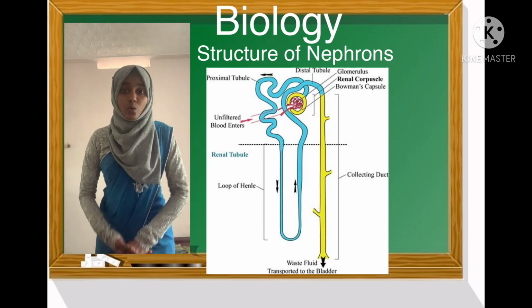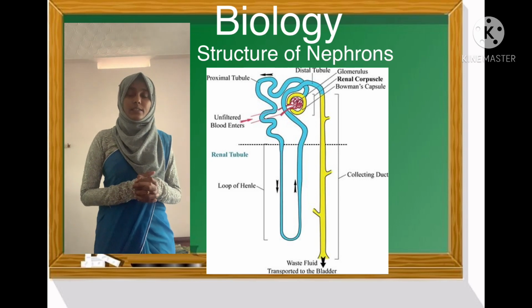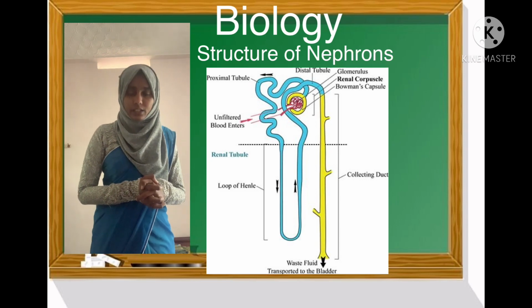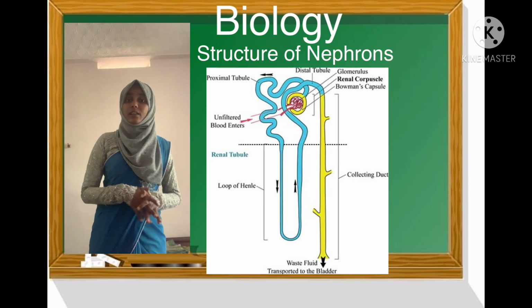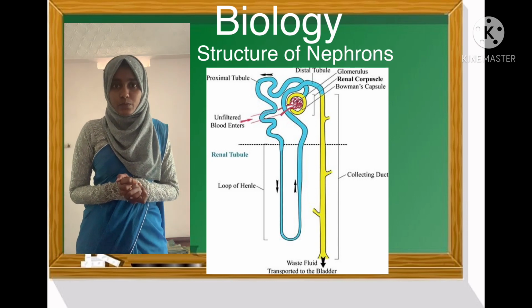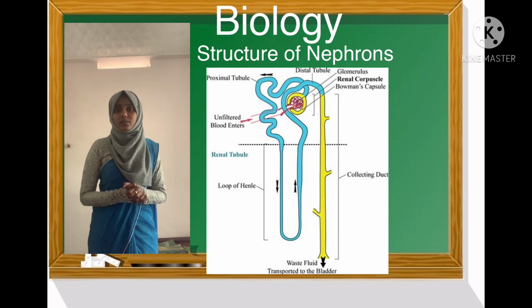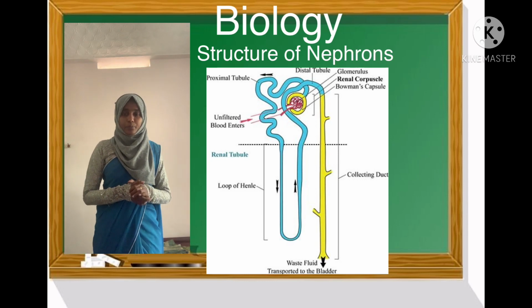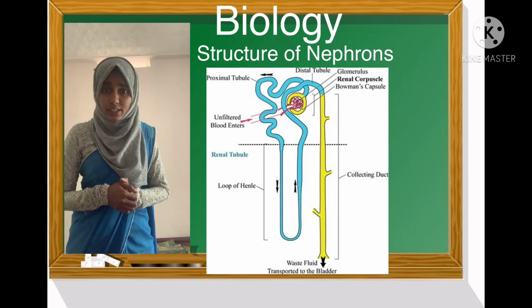What is the renal tubule? It is a long tubule which connects the Bowman's capsule and the collecting duct. Okay, what is the collecting duct? Did you hear about the collecting duct anywhere?